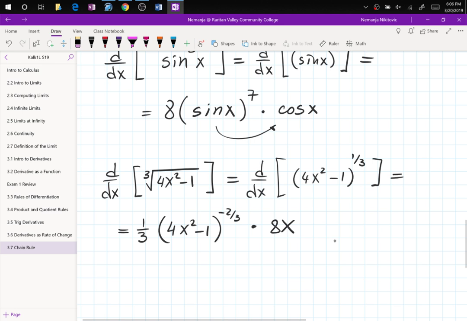Yes. So we will now simplify this with a fraction. We have a negative and x goes on top. So I have 8x on top, and I have 3 cube root of, open parenthesis, 4x squared minus 1, squared. Is this necessary to rewrite this way?